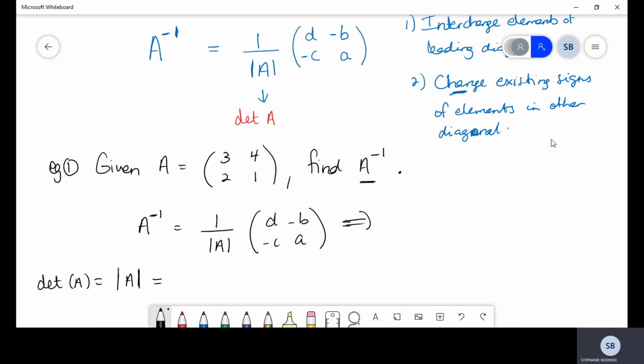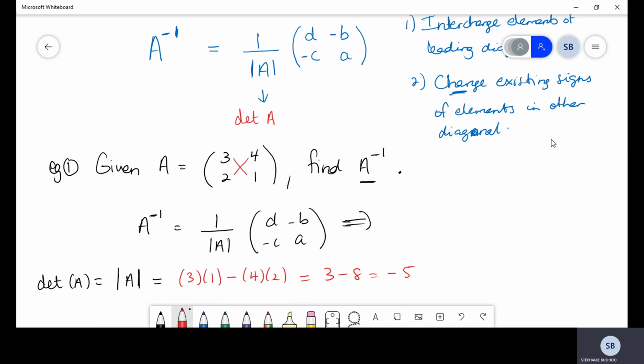Nothing is wrong with it. To find the determinant of a 2 by 2 matrix, if you remember, it's the product of your leading diagonal, subtract the product of the other. All right, so that would give us 3 times 1, subtract 4 times 2. And that's 3 subtract 8, which is -5.